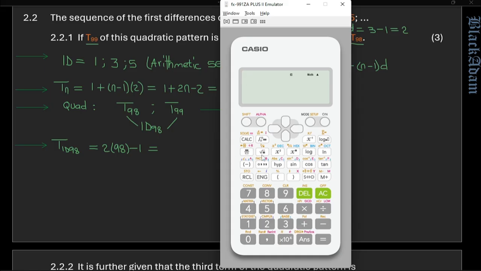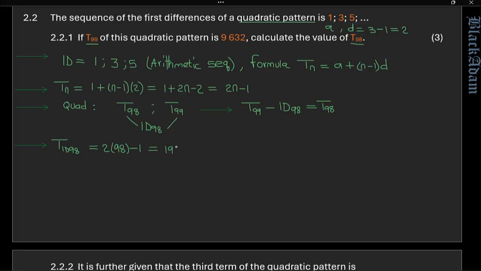Okay, use a calculator. 2 bracket 98 is equals to minus 1, actually will give us 195. So 195, that's our answer. And then we have T99 has a value, and then the first difference 98 also has a value.